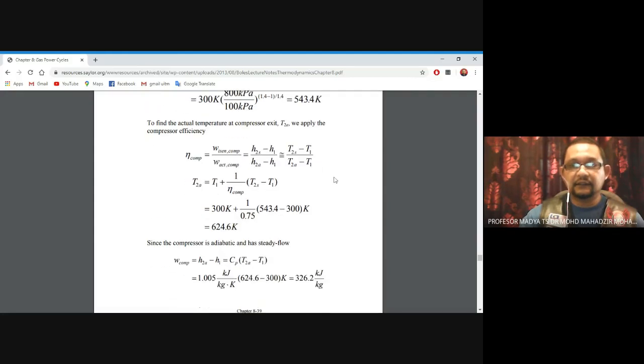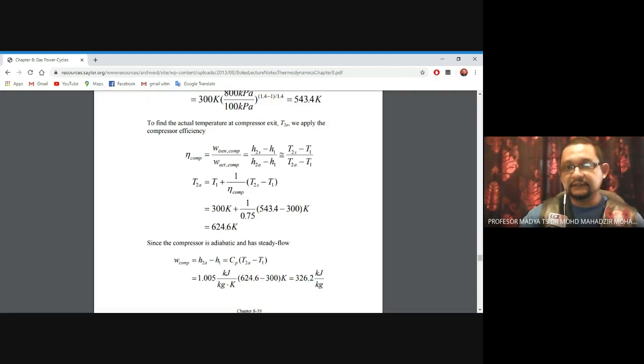And then use the formula of the compressor efficiency, where we got W isentropic compressor over W actual.